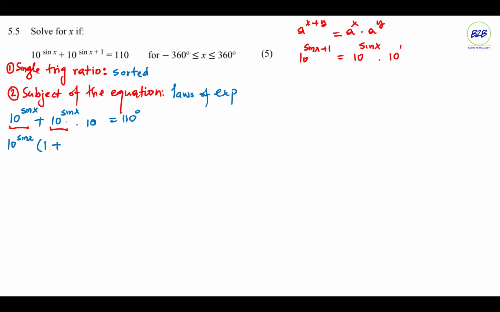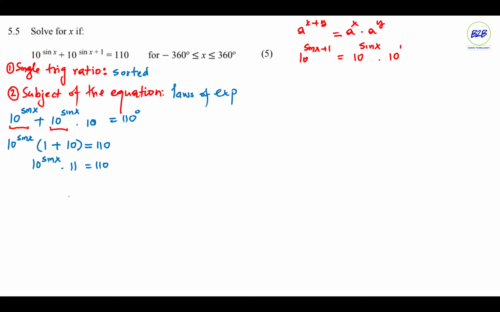When we take this second 10 to the power sine x, we are left with 10. All of this equal to 110. Then we say, okay, 10 to the power sine x times 1 plus 10, that is 11, equal to 110.